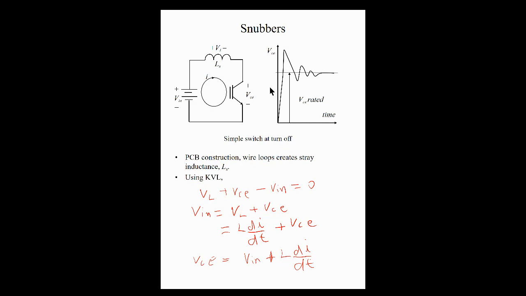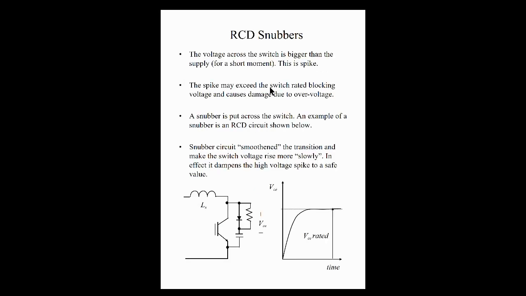The one that we're going to study is what we call the RCD snubber. That's resistor, capacitor, and diode. So R resistor, C capacitor, and D diode. That's all your snubber is going to be made up of.